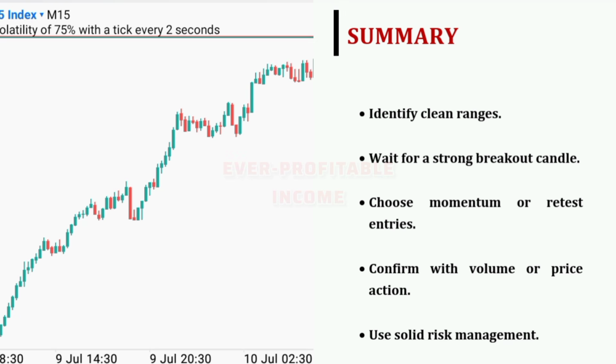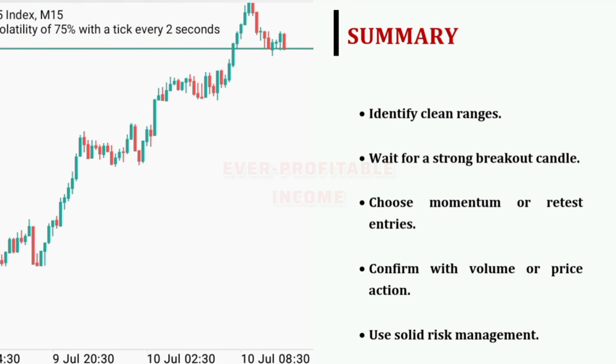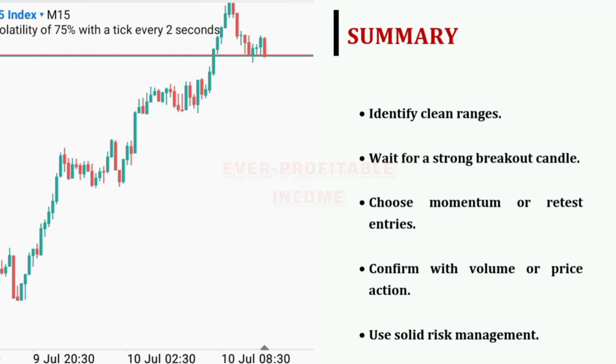First, you have to ensure that you identify a clear consolidation range. Look out for a breakout candlestick and avoid wick candles or a doji. Look out for a retest or momentum at the point of breakout, and then confirm with price action, such as the presence of reversal candlesticks.